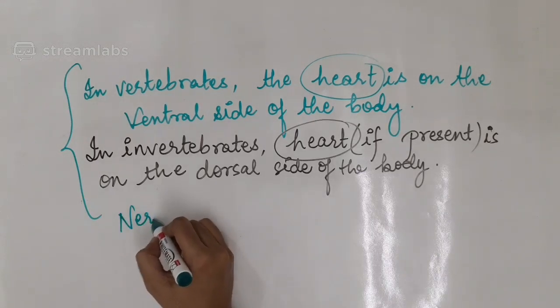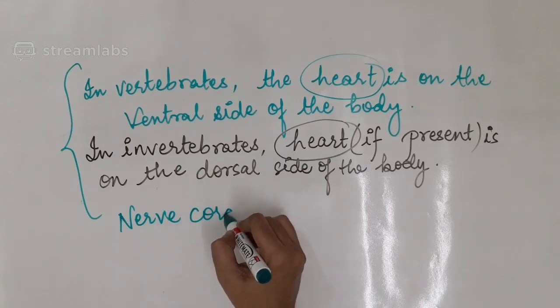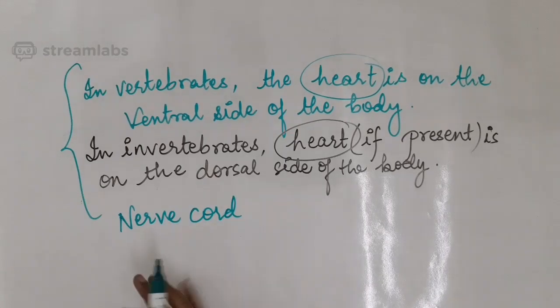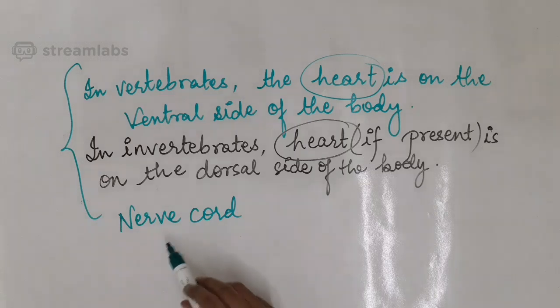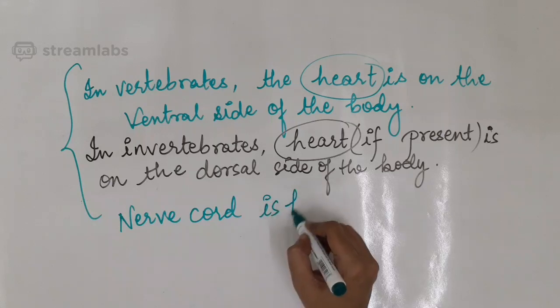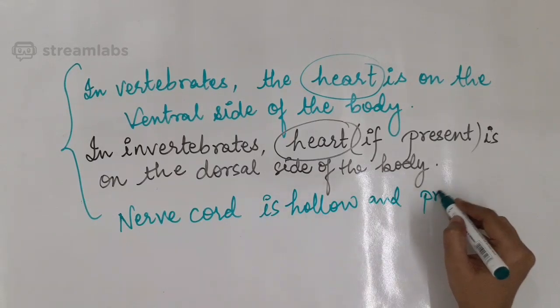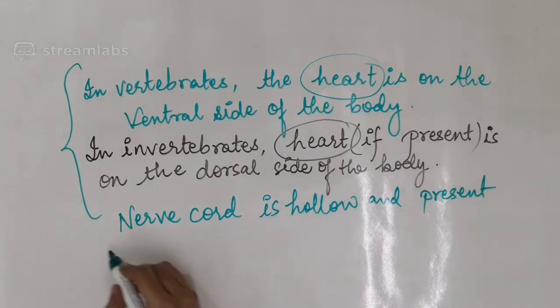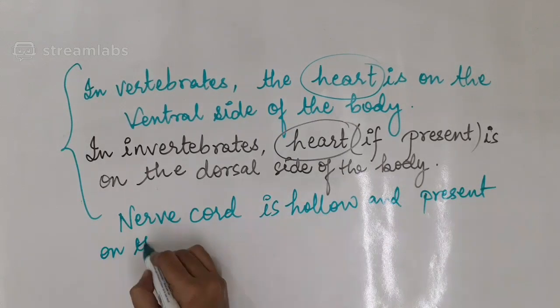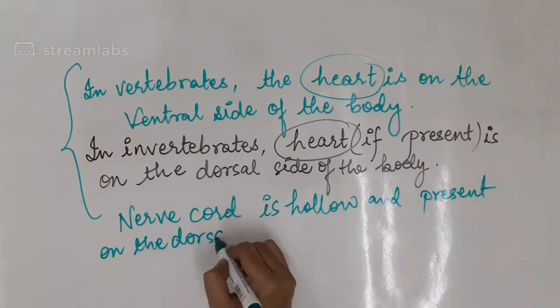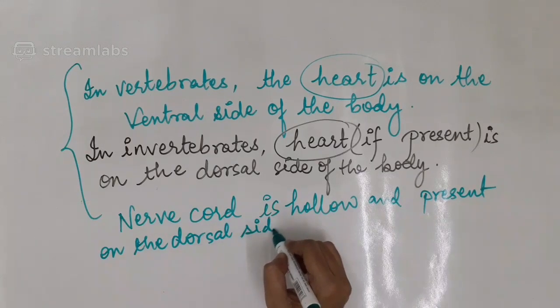is the location of nerve cord. Nerve cord or notochord or backbone. As you all know that vertebrates possess the notochord or nerve cord. Nerve cord is hollow and present on the dorsal side of the body.